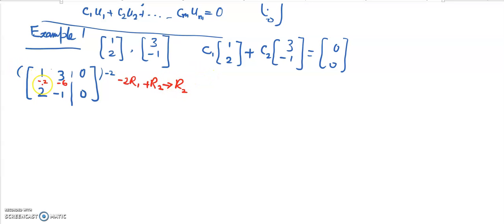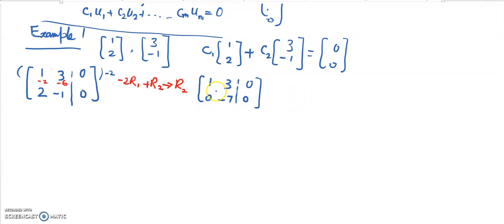Here we can now directly see that it will be 1, 3, and then 2 minus 2 is 0, and -1 minus 6 is -7, and the 0, 0 remains as 0, 0.